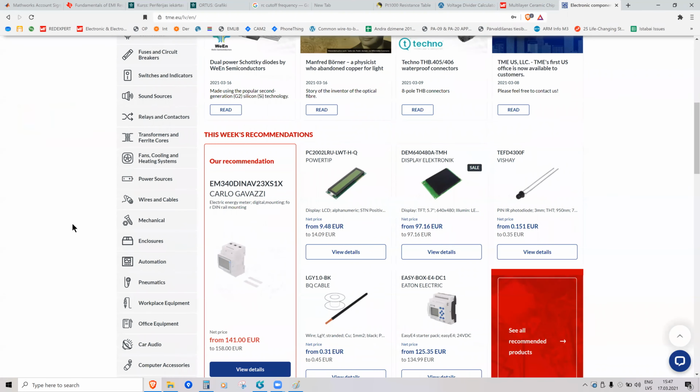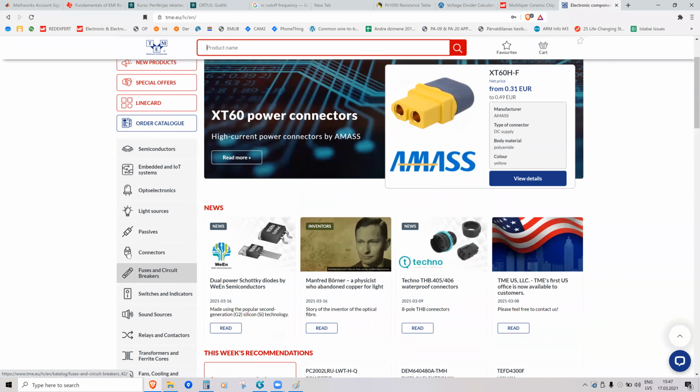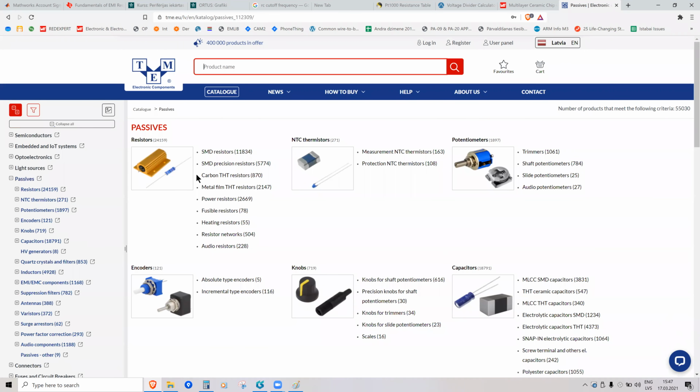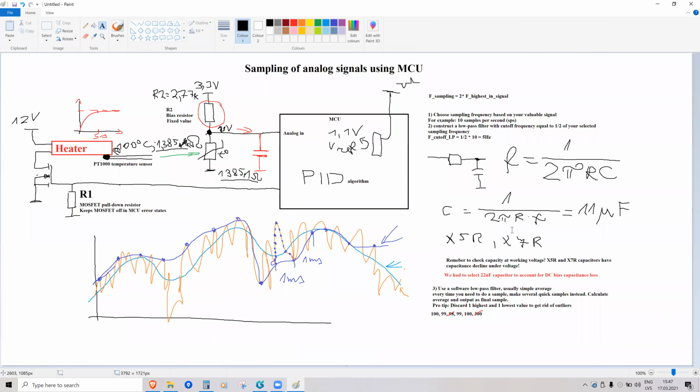They have a lot of components, and mostly you would use this website to buy some passive components, like, for example, capacitors, resistors. By the way, you would ask me, why are we using ceramic capacitors?